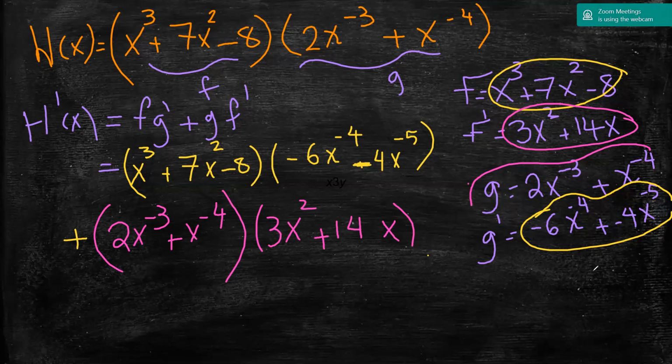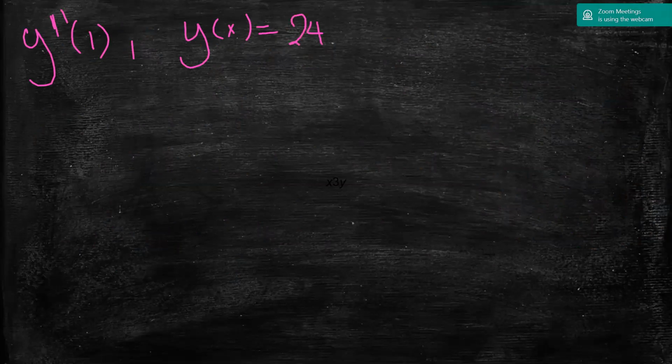Okay. Now let's talk about the second derivative. Let's have one example here. Find the second derivative of y at 1, if you know that y of x is x cubed, minus 4x squared plus 8x minus 1.